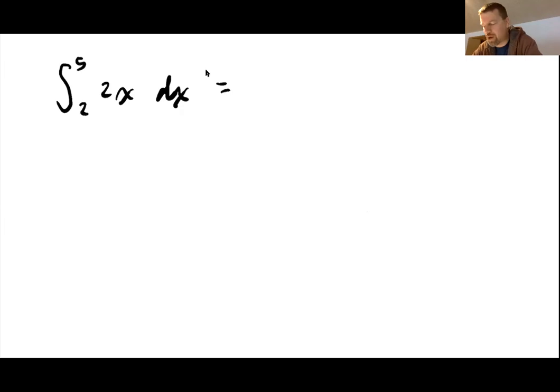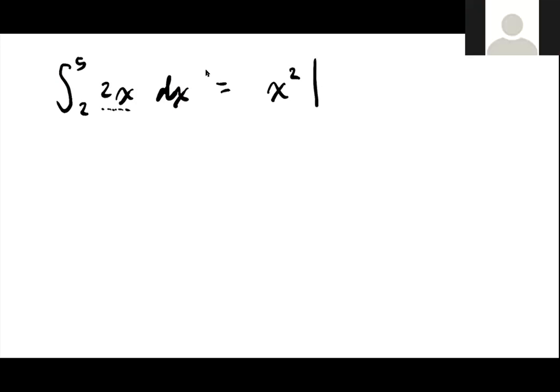If this isn't a problem I gave you, how would you do it? First, find the antiderivative. The antiderivative of 2x will be x squared. And then what do I do with that? Draw the line thing and then write a 5 and a 2.